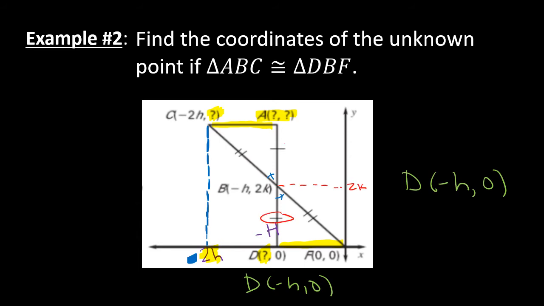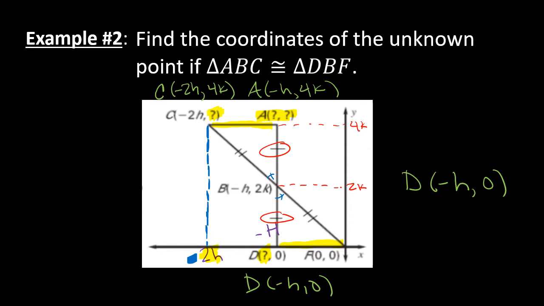And because this segment and this segment are congruent, that means I went up 4k to get to this point. So at this point, I can figure out point A. So point A, I went left h, and I went up 4k. And for point C, I already had the left part. I just need to go up 4k because it is on the same horizontal line as point A.